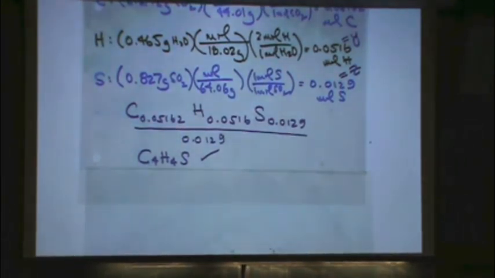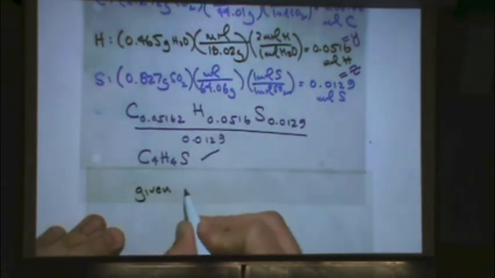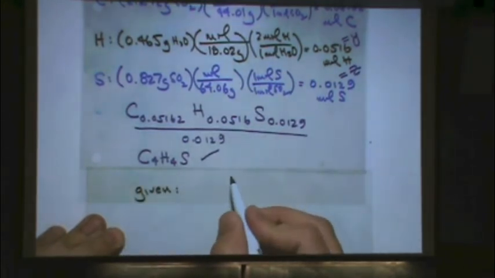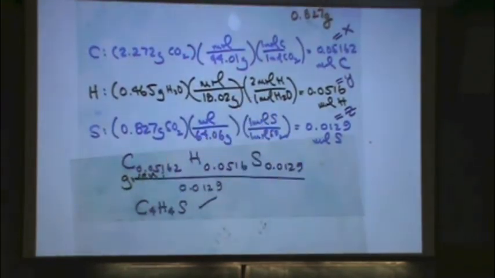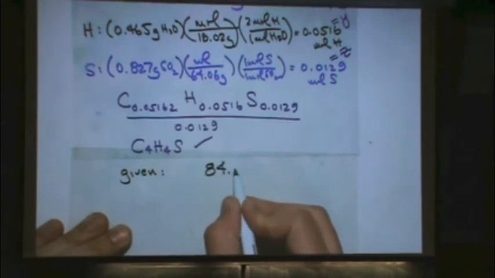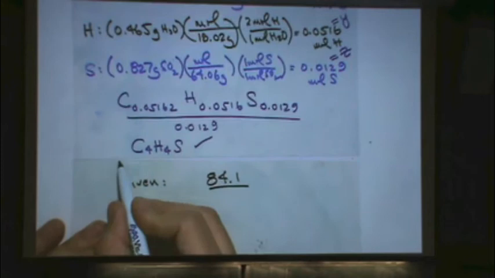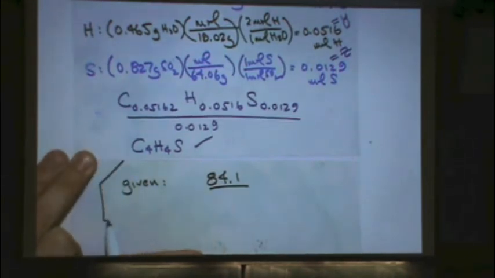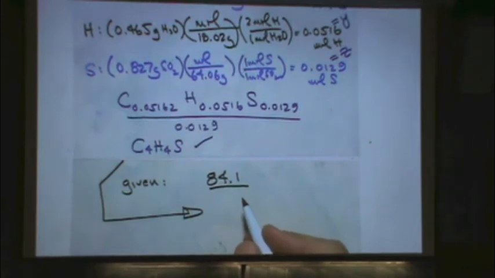They also asked us for the molecular formula. So given in the question, we had, let's see, the molar mass originally was 84.1. What we're going to divide by is we're going to take that empirical formula number and put it down here. So we're going to find the molar mass of the empirical formula. When you do that, the empirical formula is 84.142.